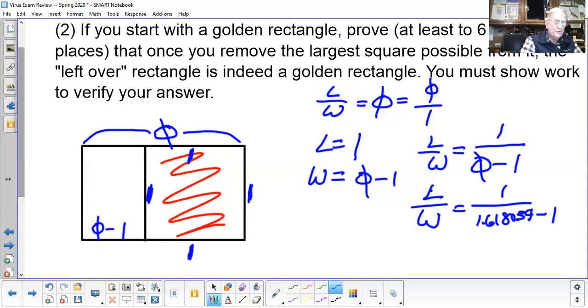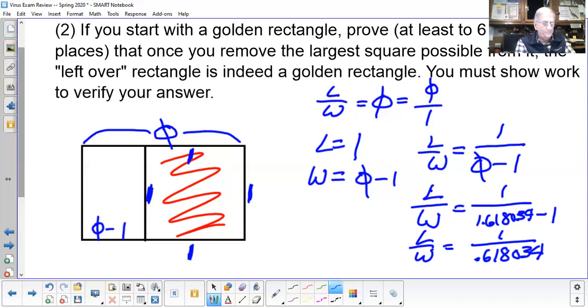Or in other words, length over width should be 1 divided by 0.618034. So all I have to do on my calculator is take 1 and divide it by 0.618034.